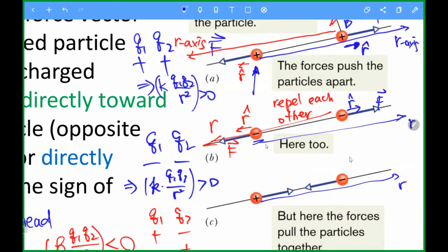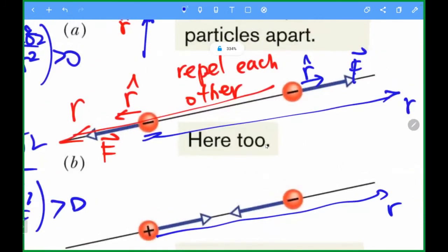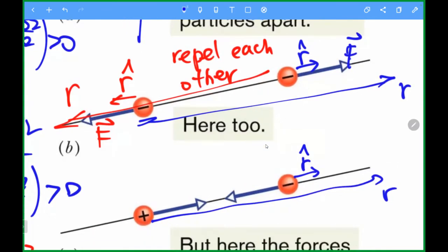In that case, r hat points to the right side for the right charge. And F points to the opposite direction, because k times Q1, Q2 over r squared is negative. So F points opposite to the r hat.